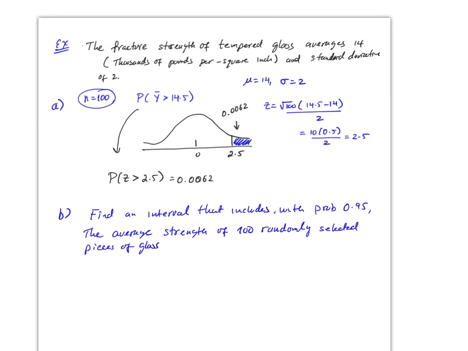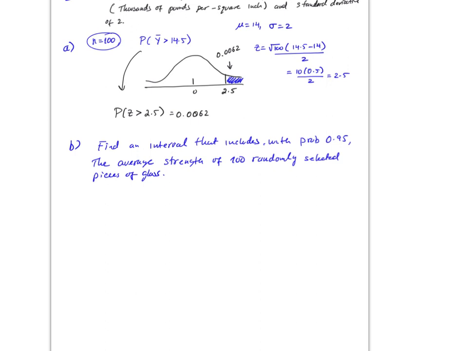Now there is more than one way to do this, but in essence what this is asking is that the probability of minus a less than z less than a has to be 0.95.